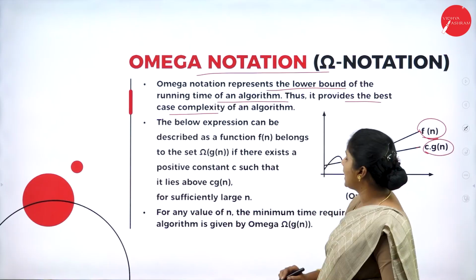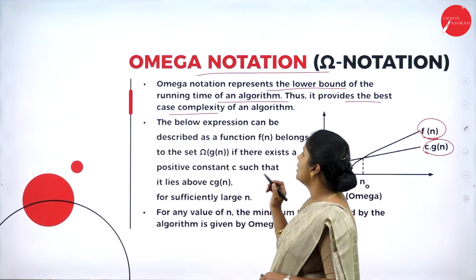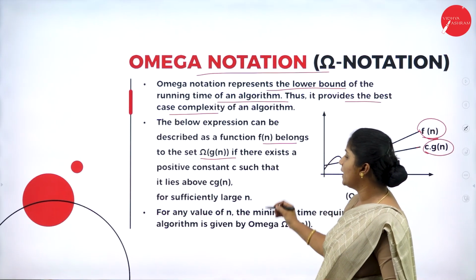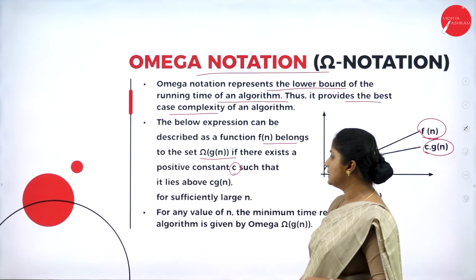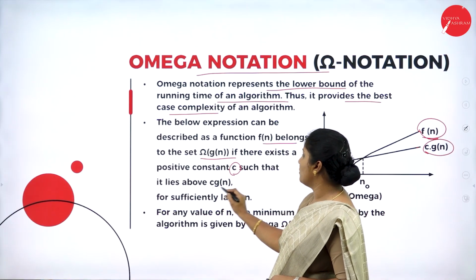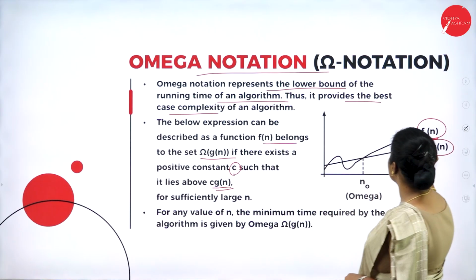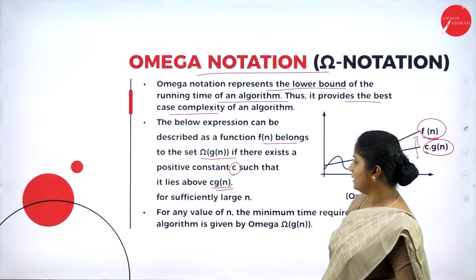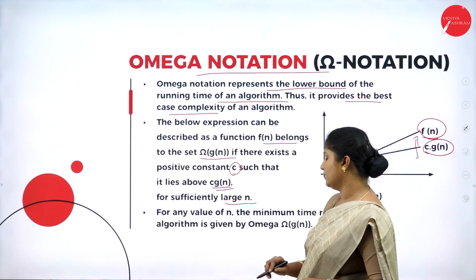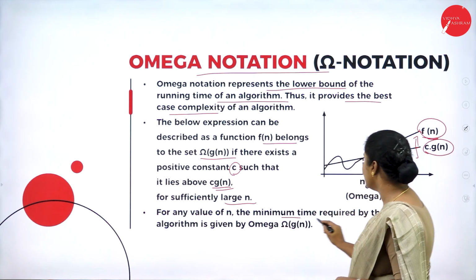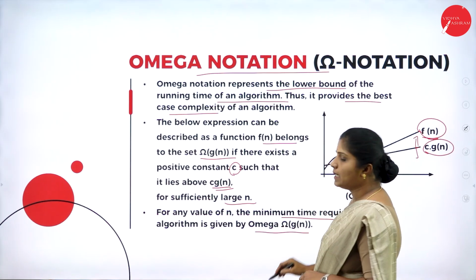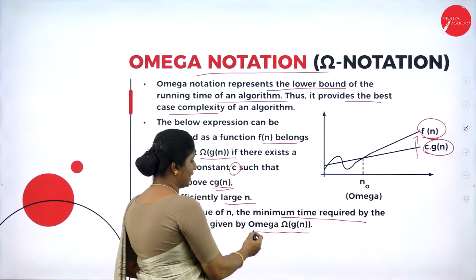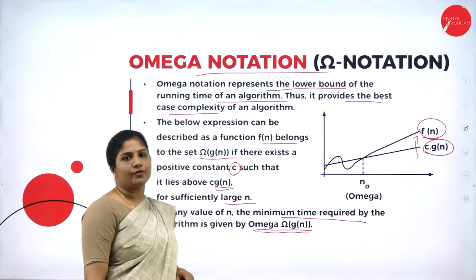The expression can be described as: f of n belongs to the set of omega of g of n. There exists a positive constant C such that f of n lies above the C of g of n, for sufficiently large n. For any value of n, the minimum time required by the algorithm is given by omega of g of n.